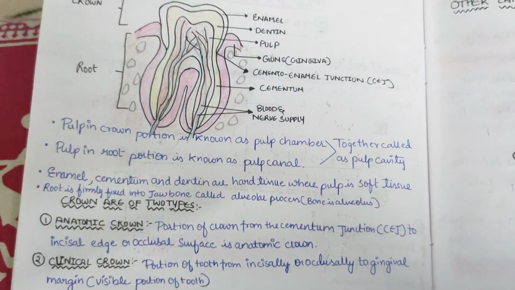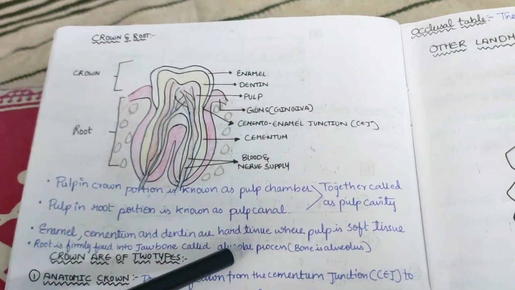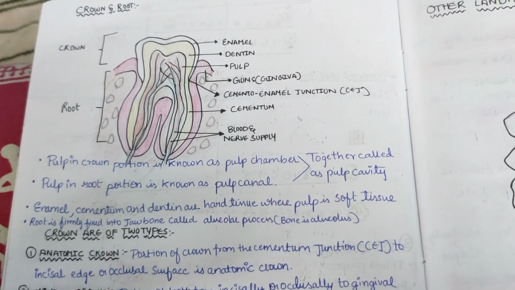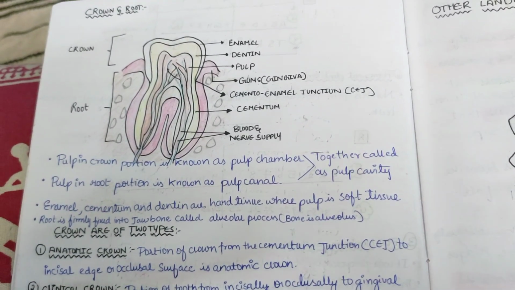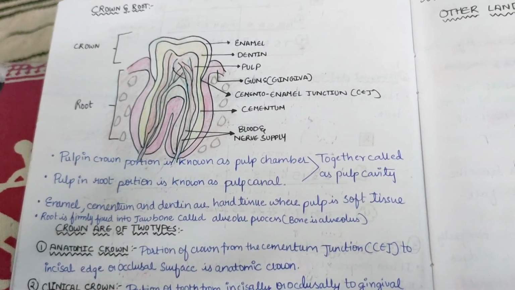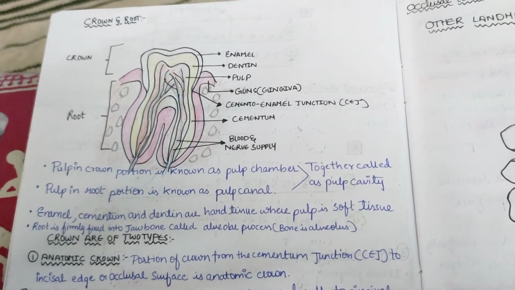Now, pulp in the crown portion is known as pulp chamber, and pulp in the root portion is known as pulp canal. Both together are known as the pulp cavity. Enamel, cementum and dentine are hard tissues, whereas pulp is a soft tissue. The root is firmly fixed into the jawbone, called the alveolar process. The bone is known as alveolar.